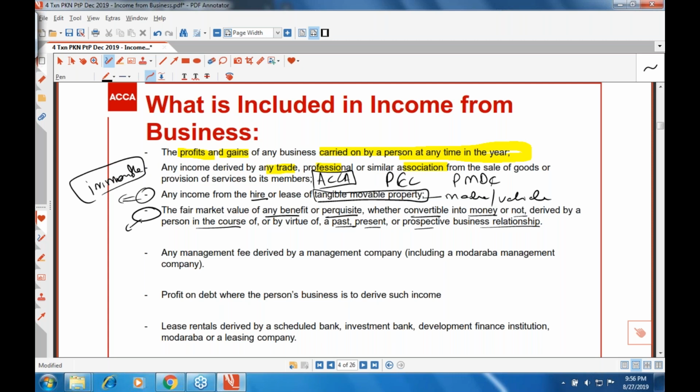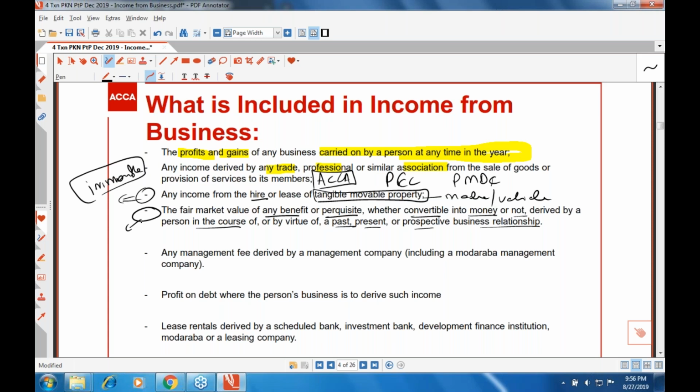For example, you work as a supplier for a company which deals in rice.